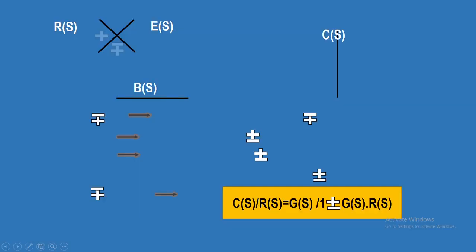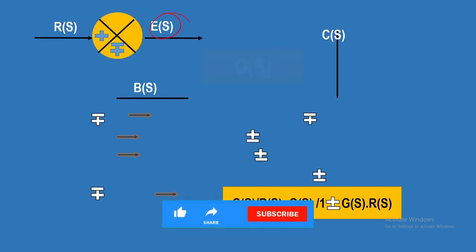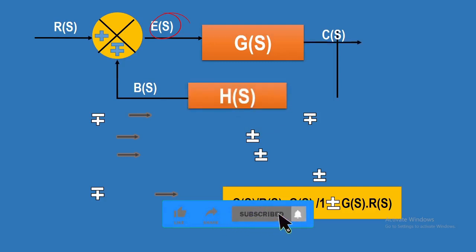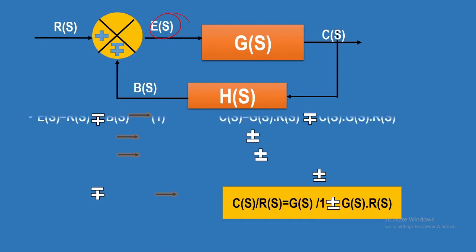So that is the error signal. That error signal will be given to the block. Then the block's output will be C of S, and that C of S will be given to H of S. I have just taken the same diagram.